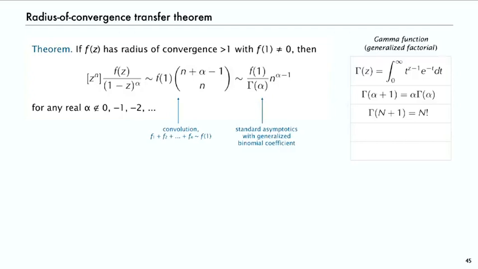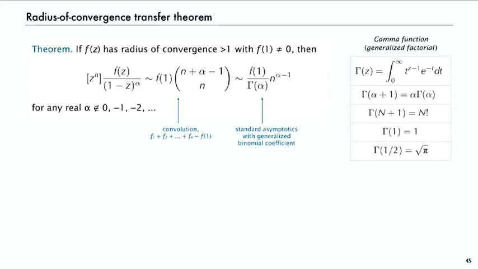And then if you work it out, gamma of 1 equals 1, so gamma of n plus 1 is exactly equal to n factorial. So for integers, it matches the factorial, but it always satisfies this property for any alpha.